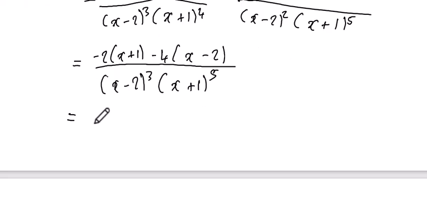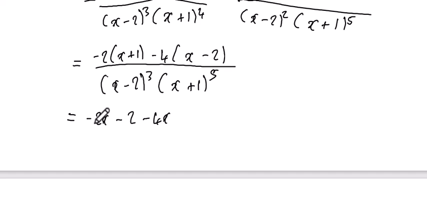Henceforth we're going to multiply what is in the bracket by what is outside. So this negative 2 multiplied by x is just going to be negative 2x. Minus plus minus, this negative 2 multiplied by this is just going to be negative 2. Then this minus this is just going to be negative 4x.